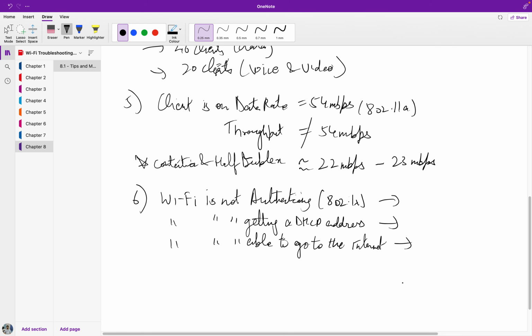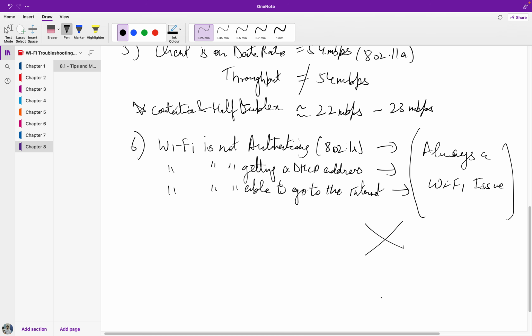I have seen almost every single time when these issues are seen, people troubleshooting think it's always a Wi-Fi problem from the customer side. Absolutely wrong. It could be, but mostly it's not.